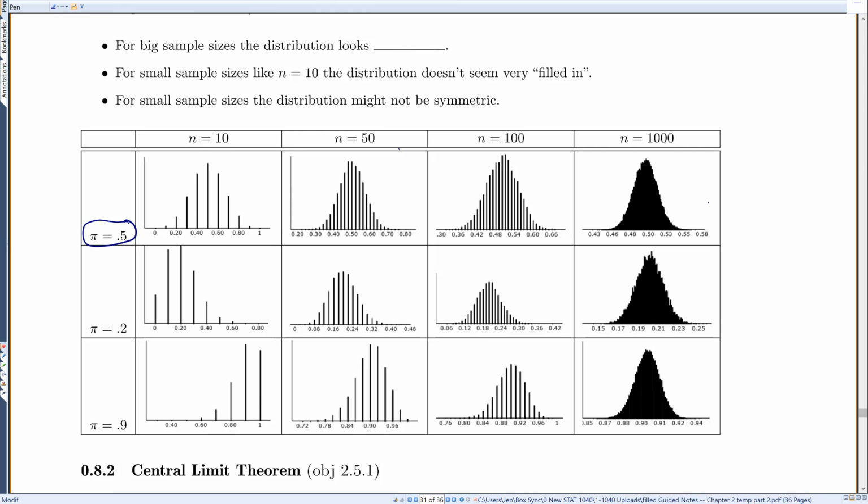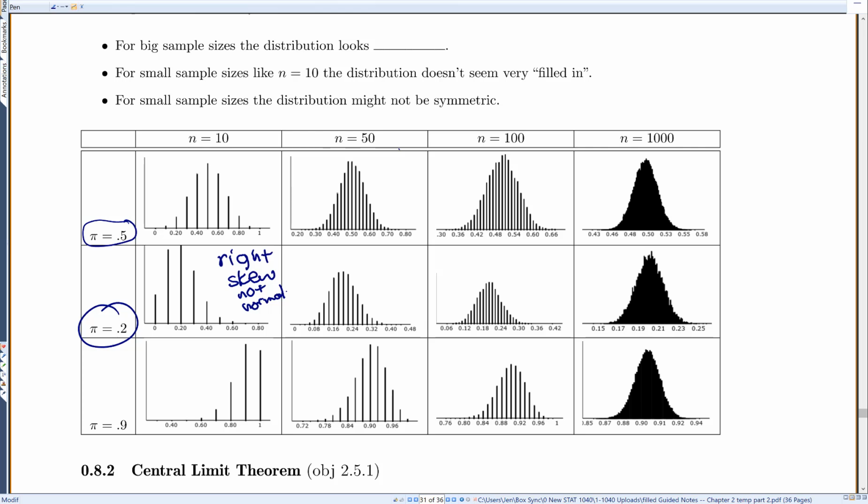But now let's try, what if my population proportion had been 0.2 instead of 0.5? Now what do I get? When I look at only sample size of 10, it's actually very skewed. It has a long right tail. This is a right skew. It is not normal.